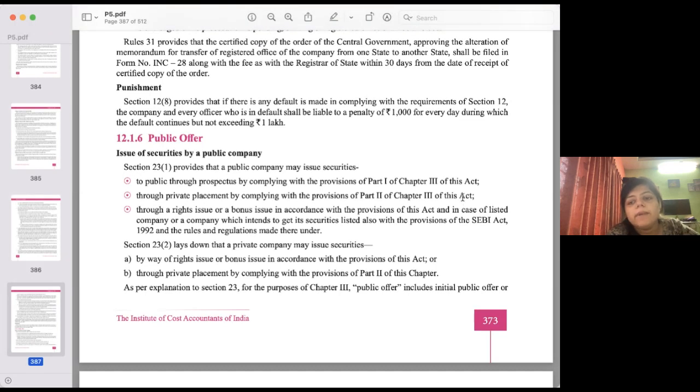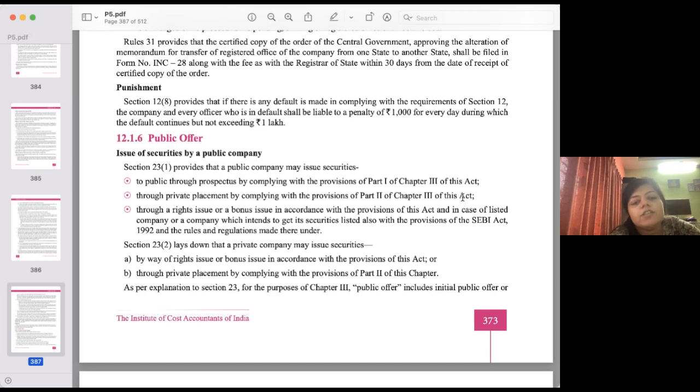However, with respect to a private company, private placements happen to be the only way in which you can raise capital. We are not discussing rights issue and bonus issue here just yet. We are just talking about public offers and private placements, which is the opposite of public offers.